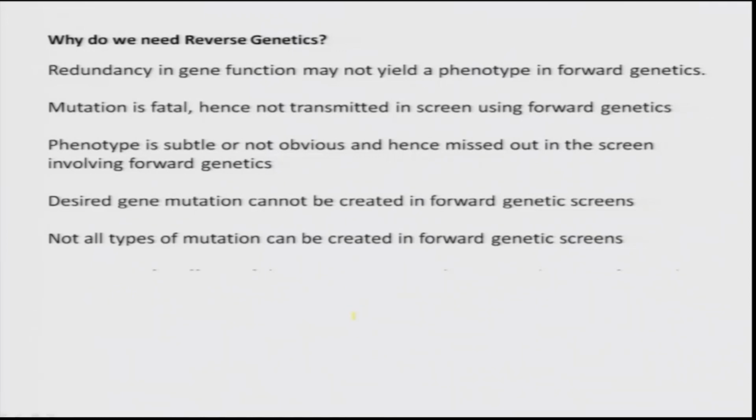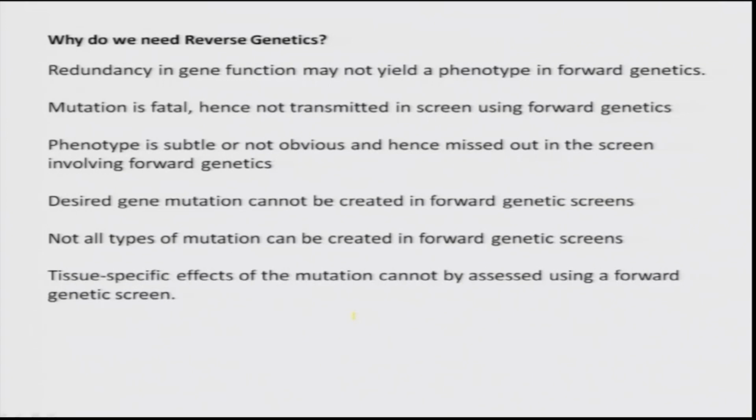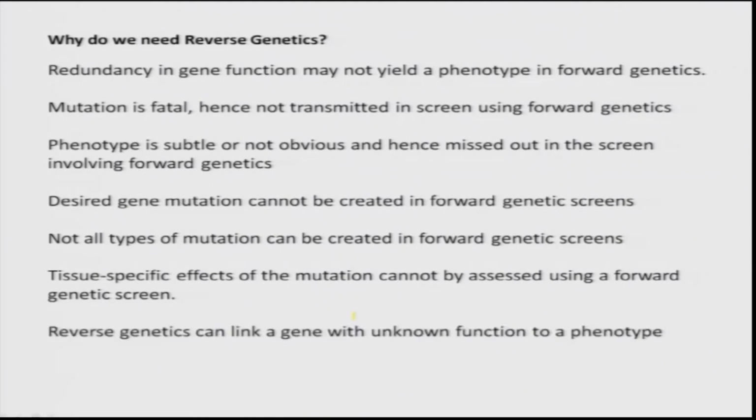That is possible in reverse genetics. Tissue specific effect: for example, what is the effect of this gene or this mutation in the heart or in the nervous system. So, you do not affect the other tissues, but only affect the nervous system. That is possible in reverse genetics, not possible in forward genetics.